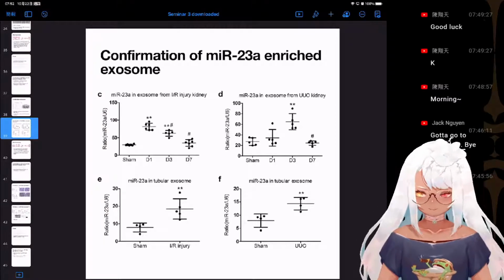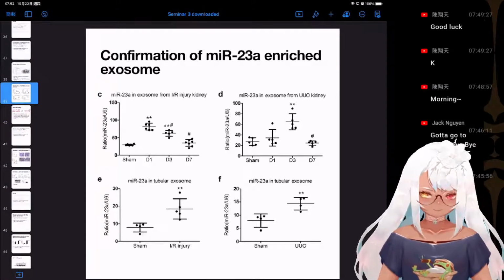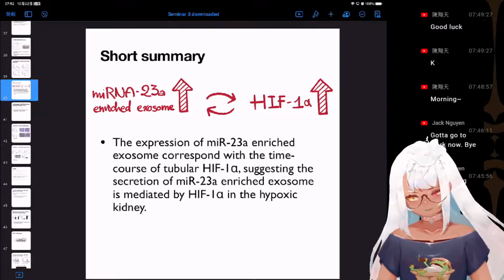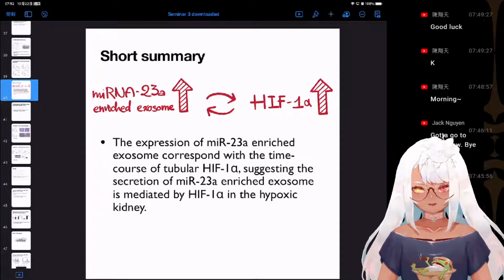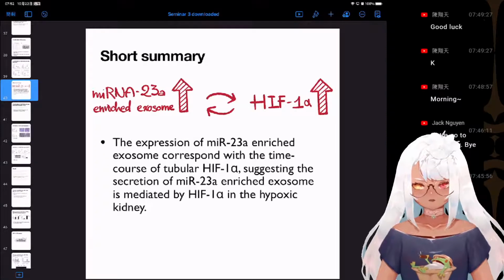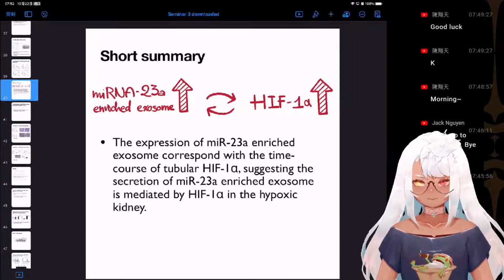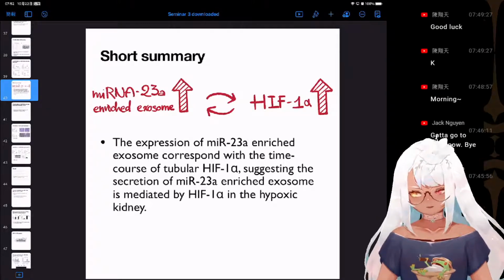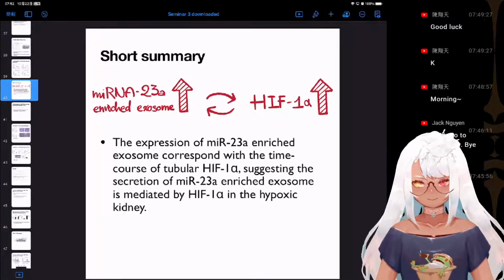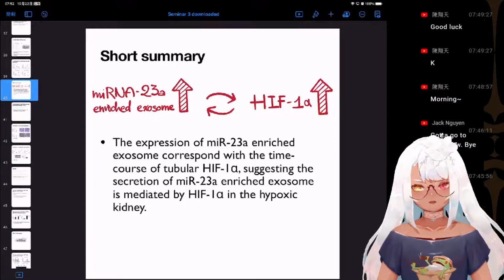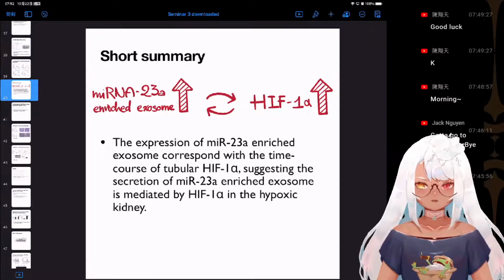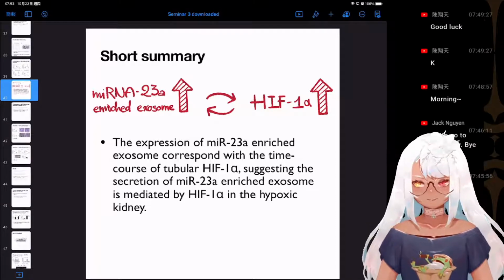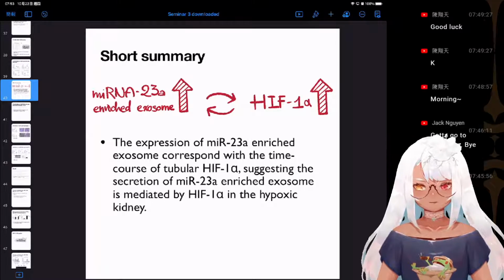Okay, let's move on. We can see that, similar to the inflammatory markers and phospho-P65, the miR-23a enriched exosome expression also corresponds to the time point of HIF1 alpha induction, which is at day 1 and day 3 after the injury.